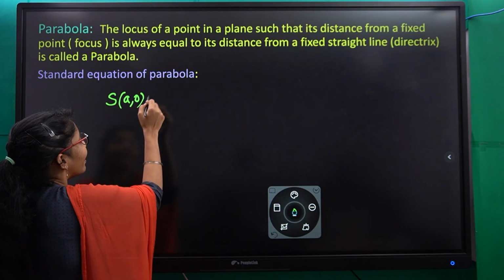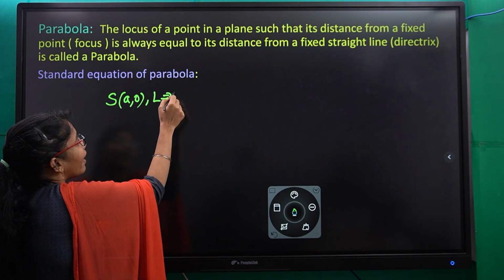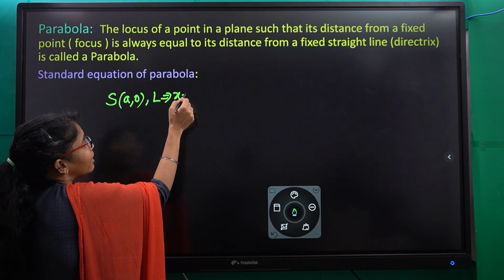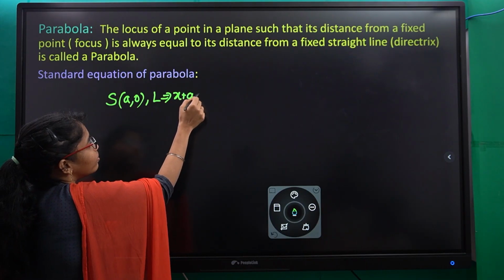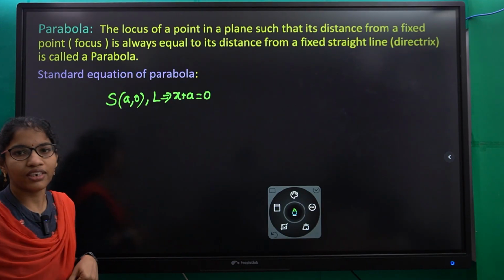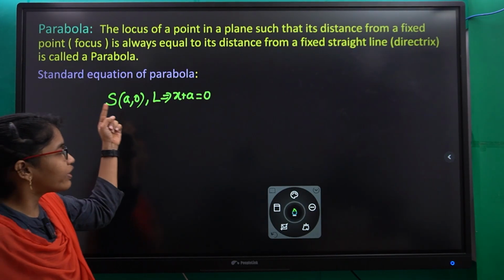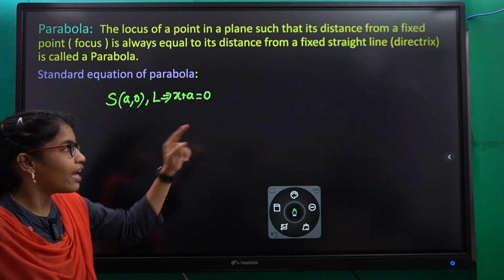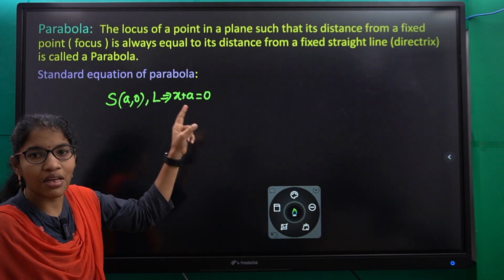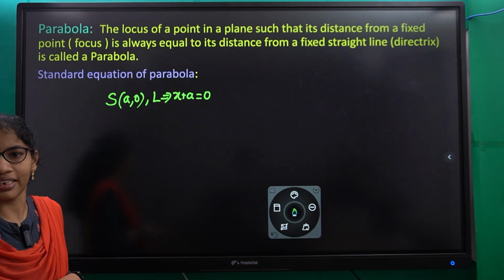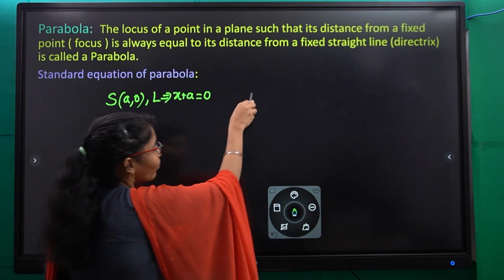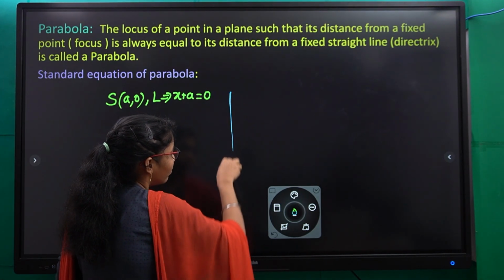And the fixed line L I have taken as x equals minus a, or x plus a equals 0. So I am taking the fixed point on the positive x-axis and the directrix parallel to the y-axis. Clear? So how does the parabola look now?